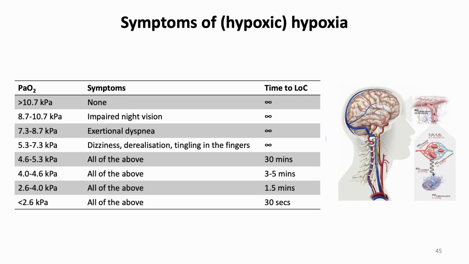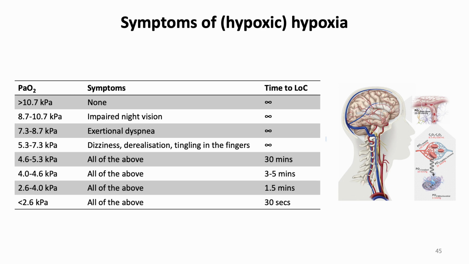And here I've just used hypoxia as an example, because I think the actual arterial oxygen tensions are very illustrative to show this. So if the PaO2 is above 10.7 kilopascals, there are no symptoms, but as it gradually decreases, symptoms become more and more pronounced.